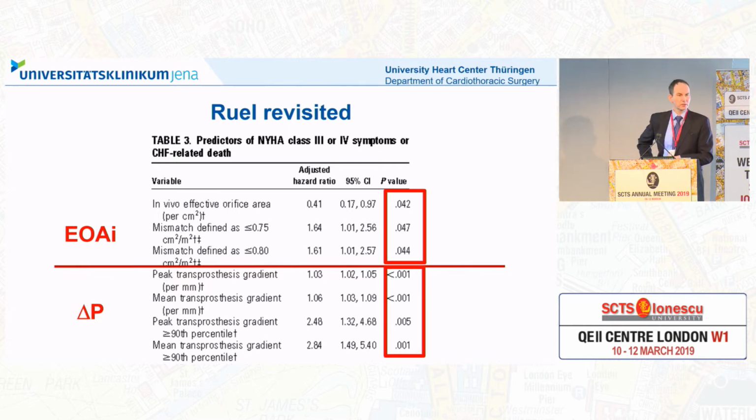So if you look at pressure gradient in the same study, look at the p-values. The precision to determine your things is much higher. Your p-values are much more accurate. So my point is, you're camouflaging your precision of assessment by measuring EOA and relating it to body surface area. It's not necessary. You can do it, but you're much more precise and much better if you use pressure gradient.